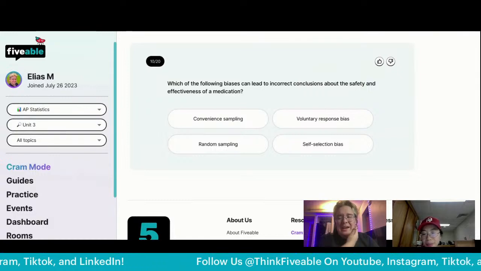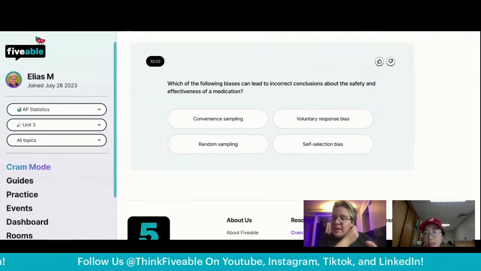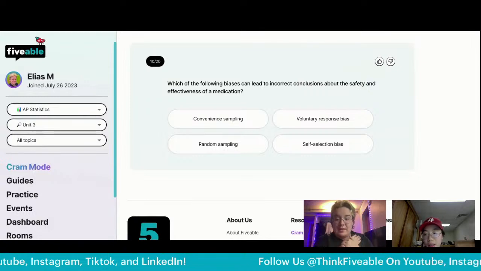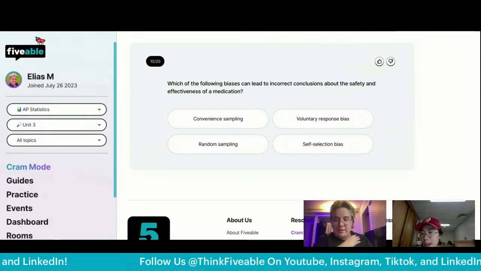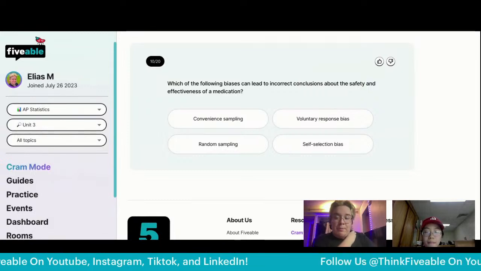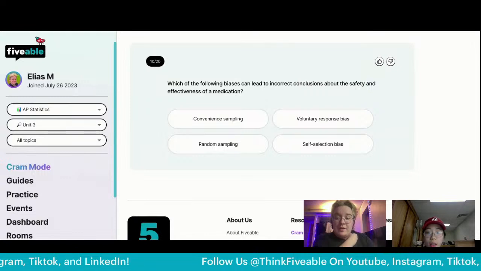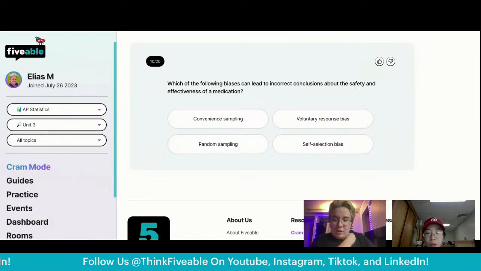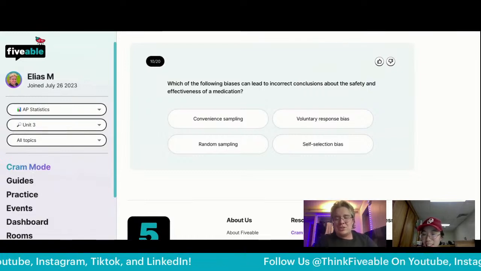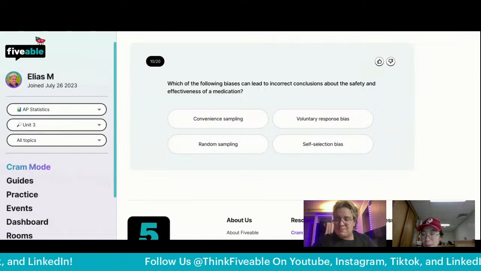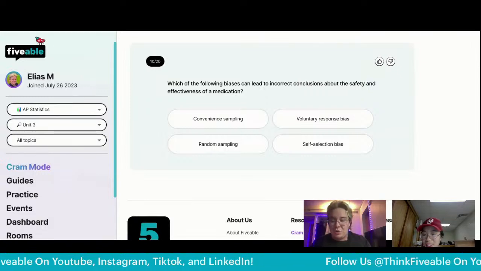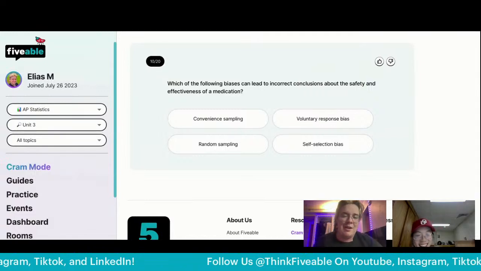The only reason I'm kind of wondering if it's self-selection is because the people who would choose to partake in this, if the people who are willing to put that risk on their bodies are probably people who are healthy enough to do so and are comfortable doing so. Or maybe they're just sick and desperate enough to take something. Okay, now that I'm thinking about it, I'm starting to get a little bit too sociological with this, and this is just an AP Stats question.